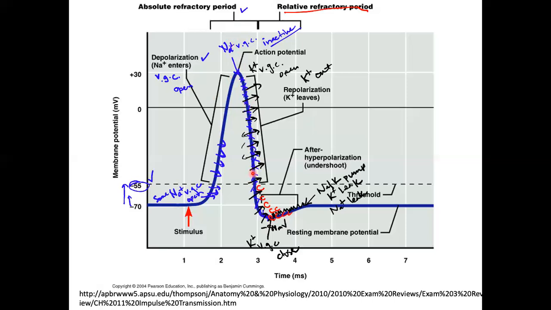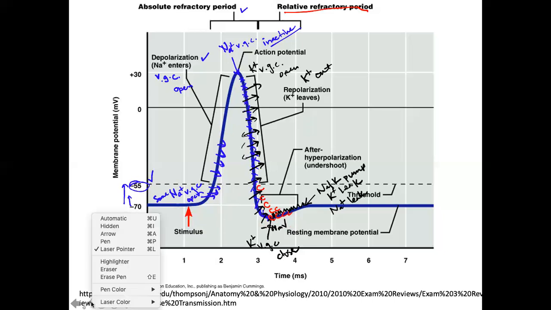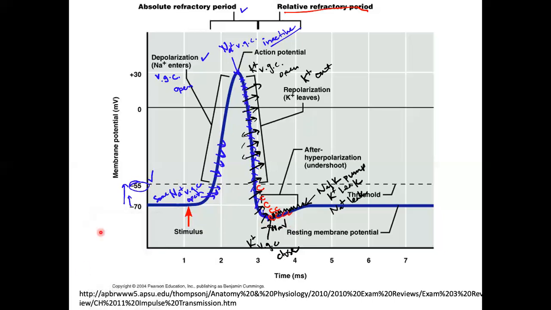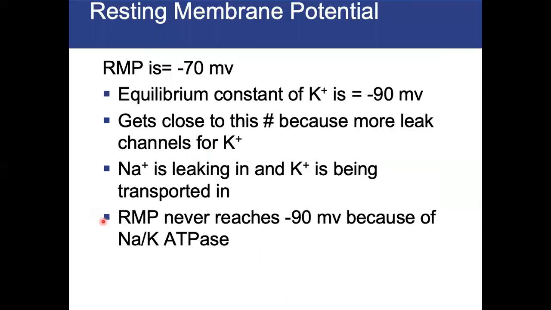And so you're not going to generate another action potential. Once we get into relative refractory period, some of them start transitioning to closed. And once enough of them are transitioned to closed, that you zap it and they pop open and they can generate another action potential. Okay. The purpose of absolute refractory period is to make sure that that action potential goes one direction down the nerve.